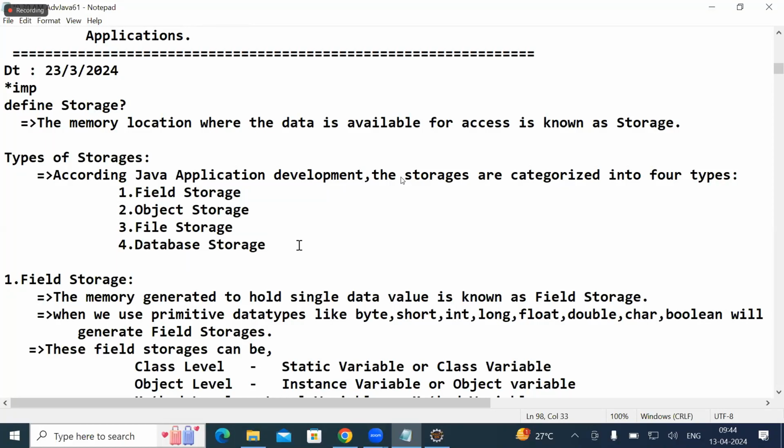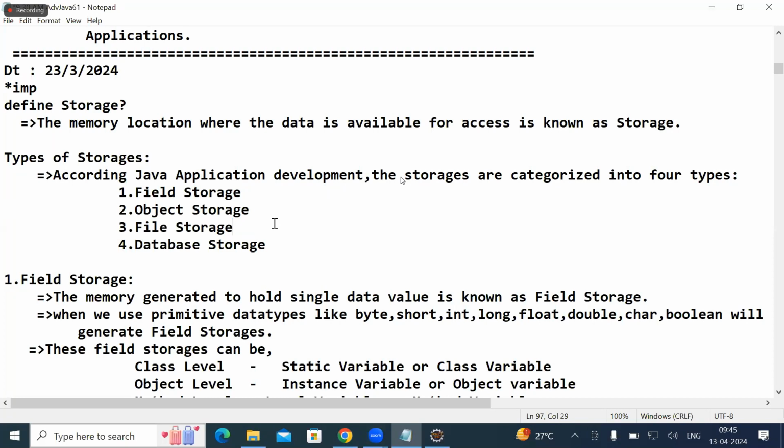Database storage will be there. Being an object oriented programmer, our object storages are important. So an object is acting like one storage only. Even the prepared statement object will load the data there. The result set object is also catching the data like this. Objects are like storages.